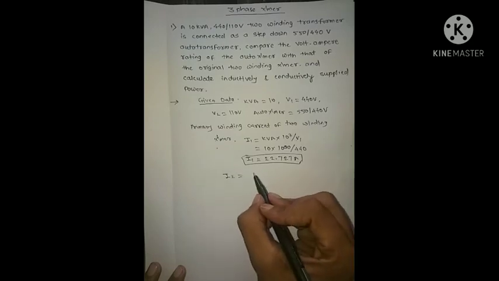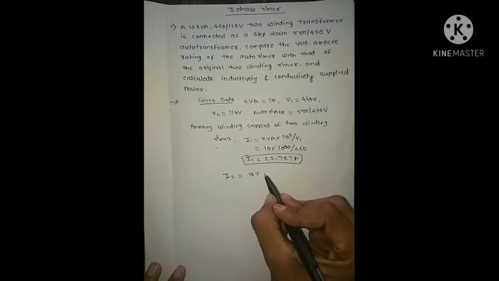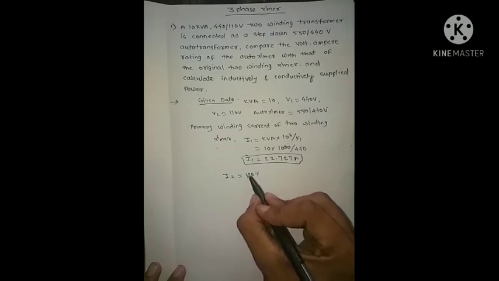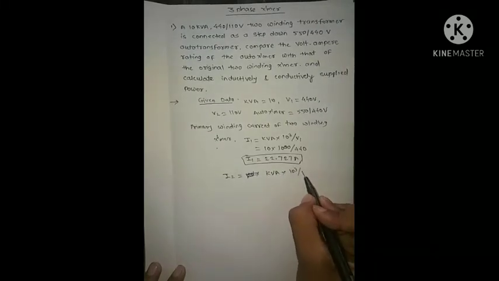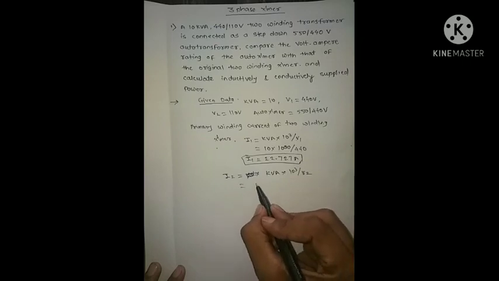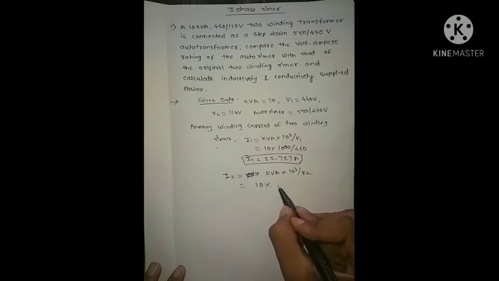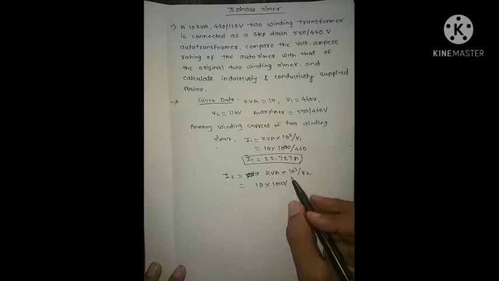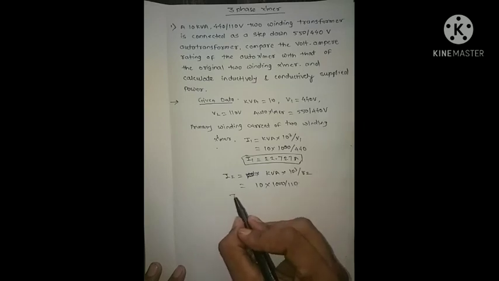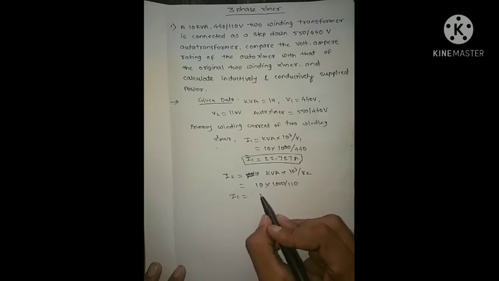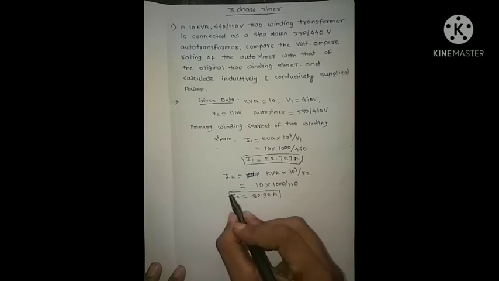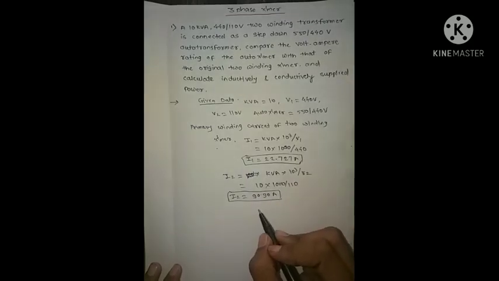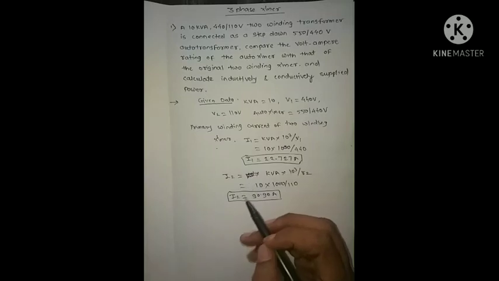I2 equals to kVA into 10 raised to 3 upon V2, that is 10 into 1000 divided by the value of V2, which is 110, and I2 is equals to 90.90 ampere. Okay, this way we have found out the I1 and the value of I2.